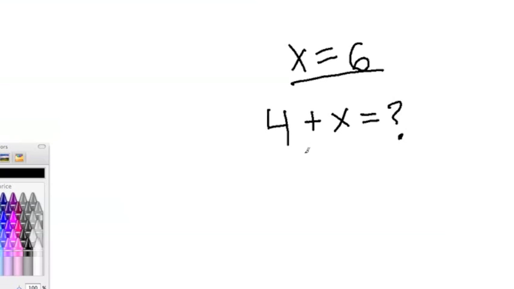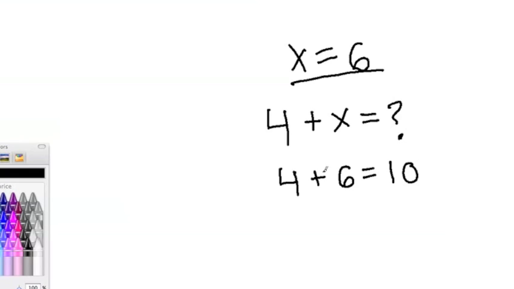So our first step is going to be to rewrite our variable expression and replace the variable, which is x here, with the value it equals. So when I rewrite it, I'm going to write 4 plus 6 equals, and then we're all set. We can easily answer this because 4 plus 6 equals 10. So there you have an example of a variable and a variable expression.